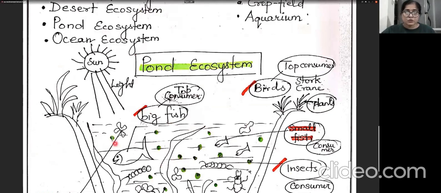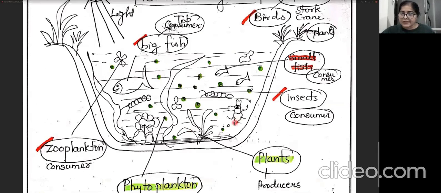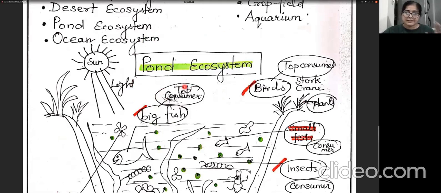Then we come to the abiotic components of the system. There are a number of abiotic components. Sunlight is there, water is there, temperature of water. This is the pond bed, the bottom, that contains soil and minerals. So these are all abiotic components of this system. With the help of this example, we can easily identify the different components of the system.